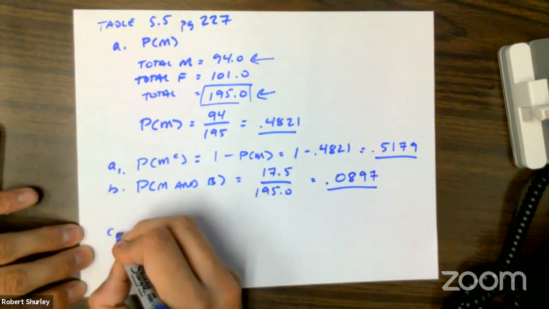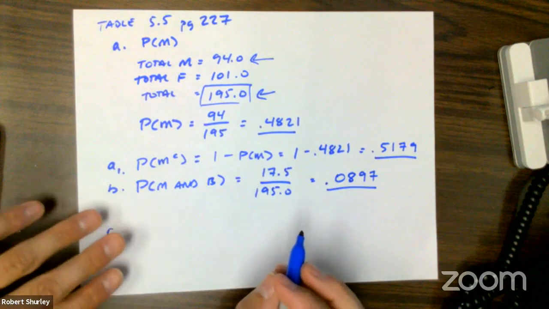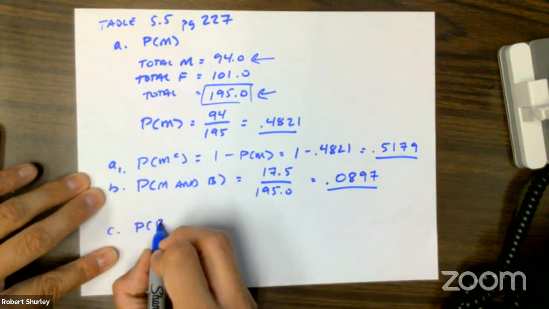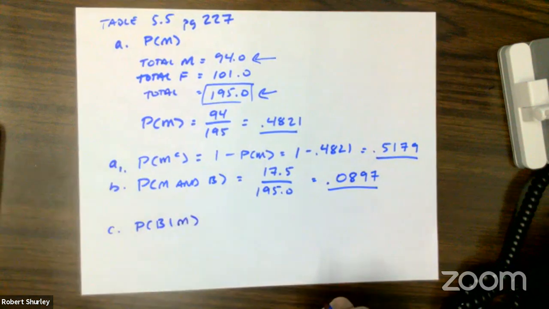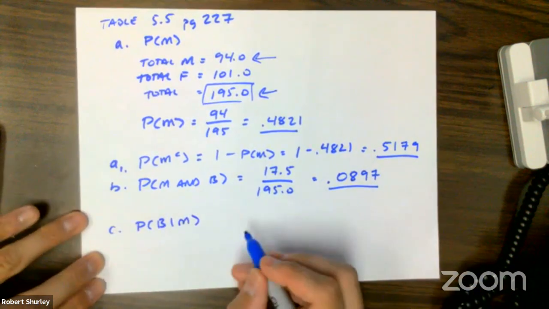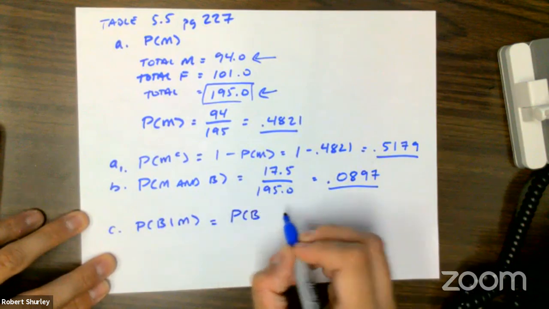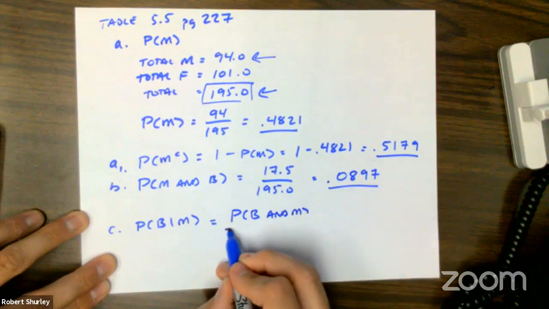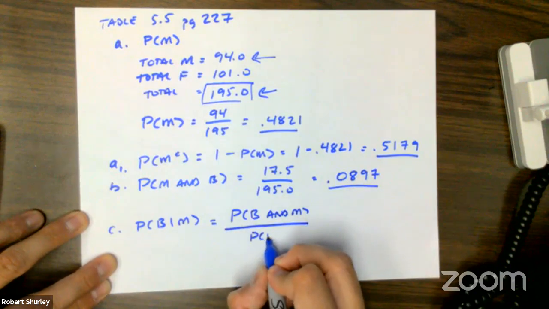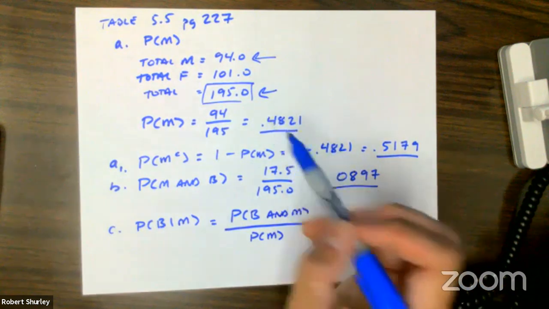Not a big deal. C, I believe, is the condition. It says, what is the probability that a person has a bachelor's degree given they're male? Now I'm going to do this one equationally. This would mean the probability we have a bachelor's and we're male, which is right here, divided by the probability we're male. We found those two things already, right?